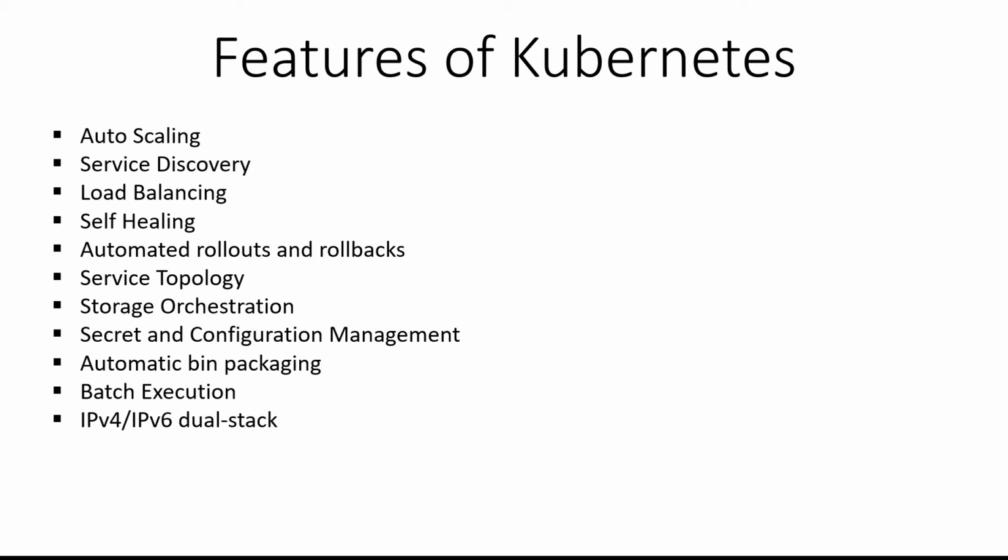And the next is automatic bin packing. Bin packing is your binary deployments, creating your binaries from your application, whether it's Java or .NET or Python. It can manage the packaging of the software, again using Docker internally. So it creates a container image.